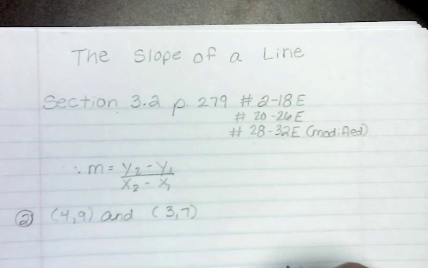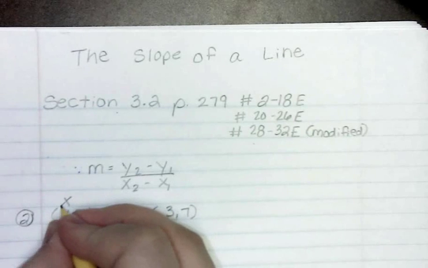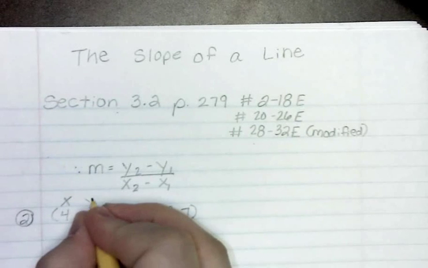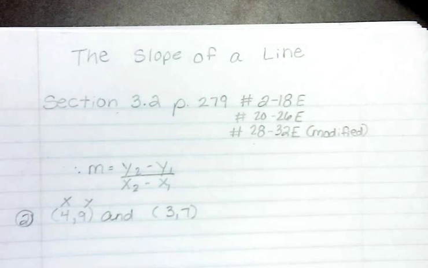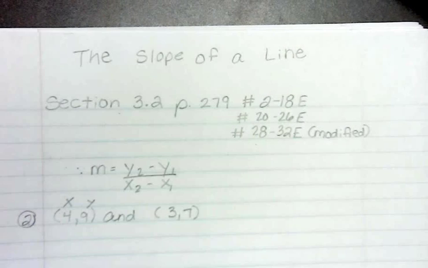The first thing that we need to do is identify our x and y values. So I've got an x value here, a y value here. Remember, your first value is always going to be your x. Your second value is always going to be your y. Try and make this a little clearer for you guys.